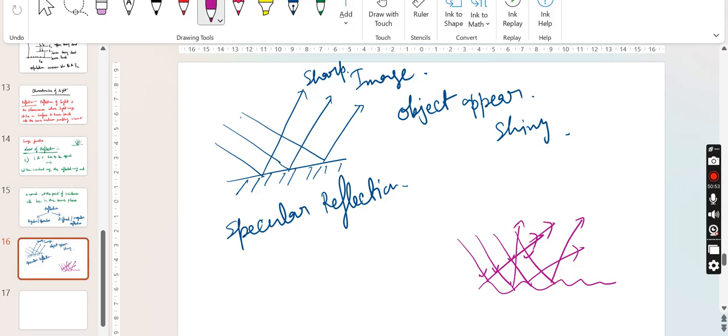So the reflected beams are not parallel, they are diffused and they scatter in all directions. So they enable vision. And these objects are non-shiny objects basically.